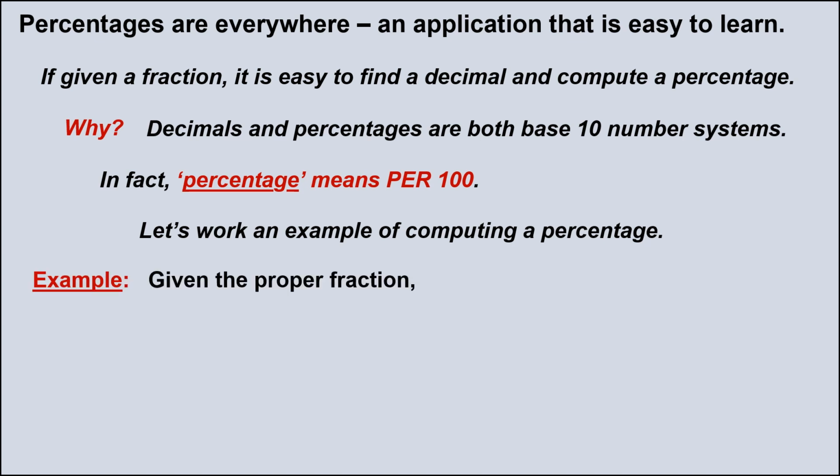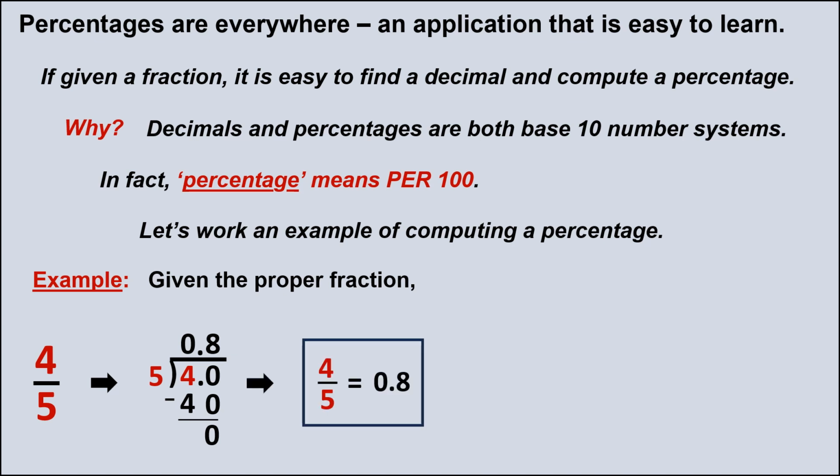Given the proper fraction 4/5, let's compute an equivalent decimal to the fraction 4/5 by division. And we obtain a quotient of 0.8. Thus, 4/5 is equal to 0.8. But percent means per 100. As discussed in an earlier video, we know we can add a 0 after the decimal point and not change the overall value of the decimal.